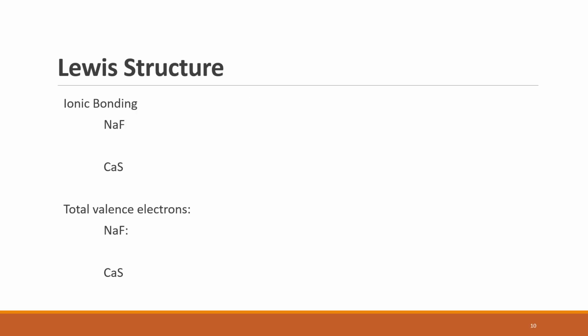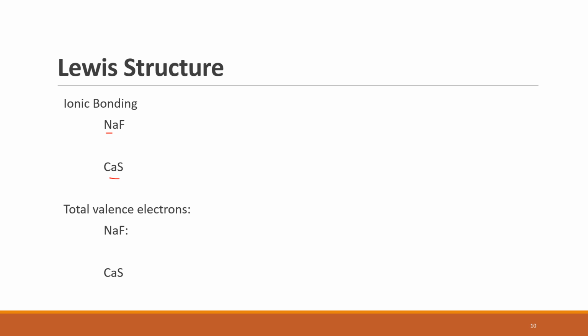So let's apply this to an actual compound. We just looked at Lewis dot structures, and now let's look at Lewis structures for ionic compounds. Two examples that we have here are sodium fluoride and calcium sulfide. How do we depict the Lewis structure for these? Well, we draw the ions of each in their brackets with their charges.